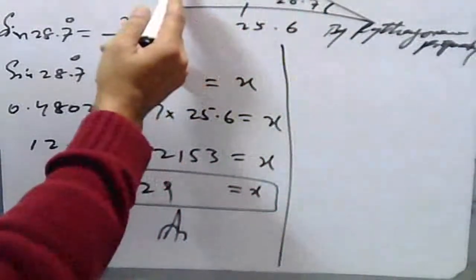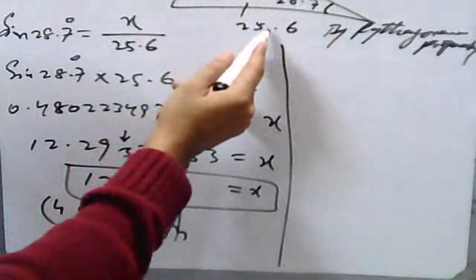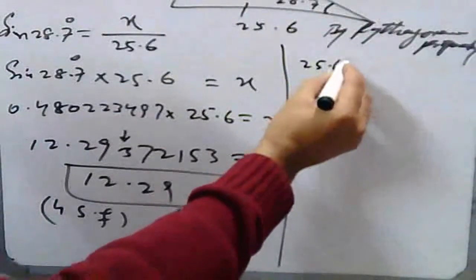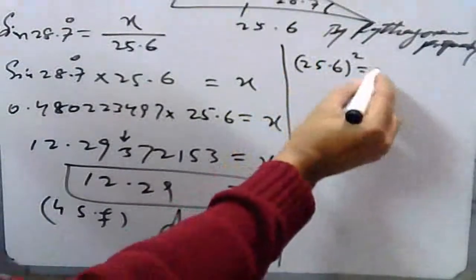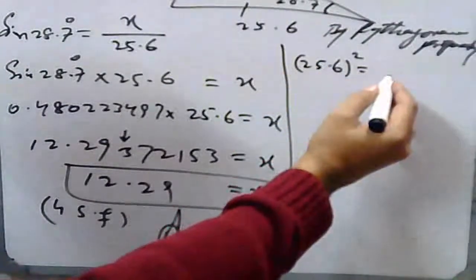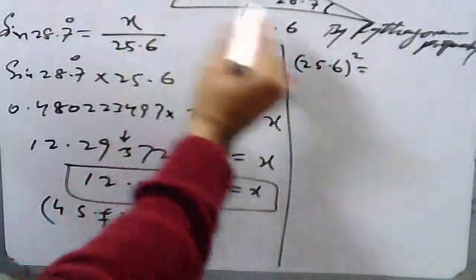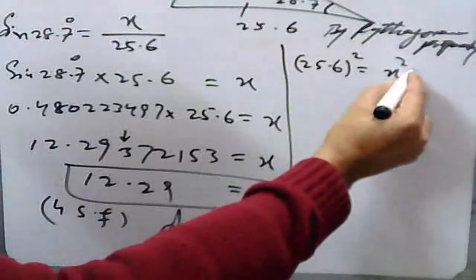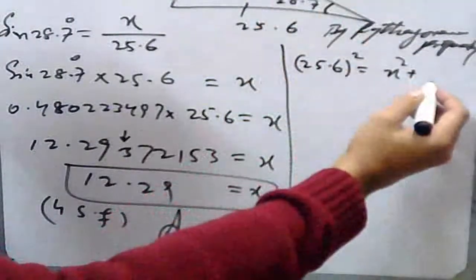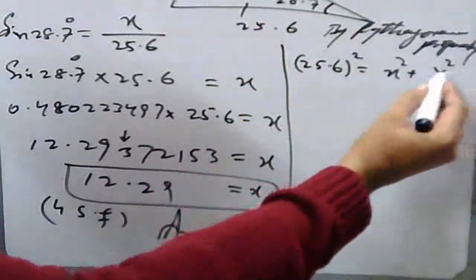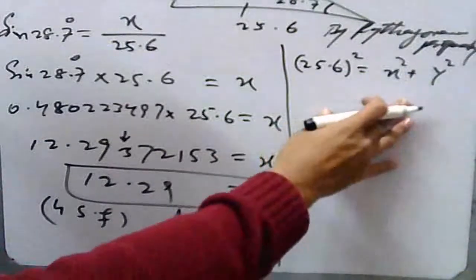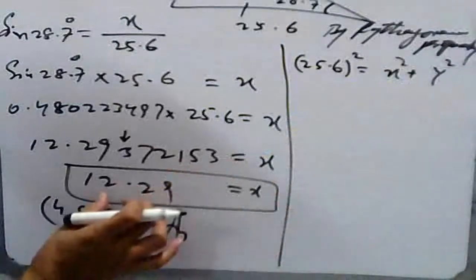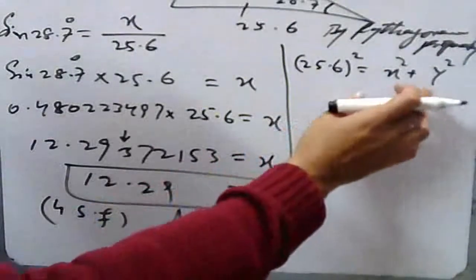So with the help of this, we know that this is the hypotenuse, that is your perpendicular, that is your base. We know that hypotenuse square is equal to perpendicular square plus base square, that is your y square.